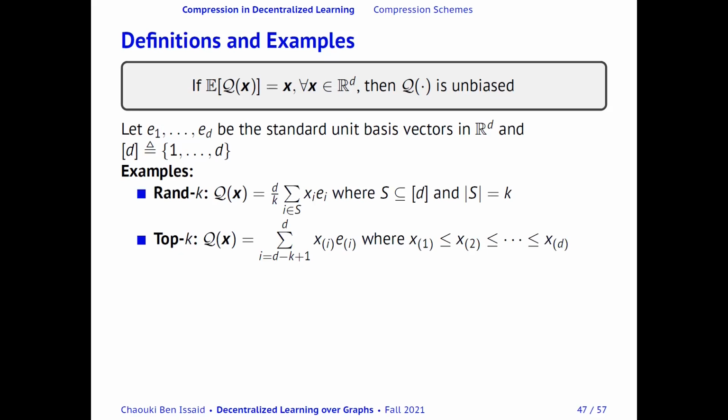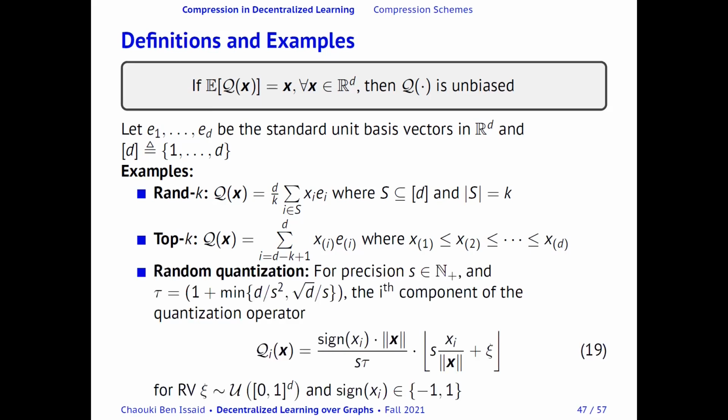Finally, an example of a quantization scheme is the random quantization for a precision level s, and defining tau to be equal to 1 plus the minimum between d over s squared and square root of d over s.